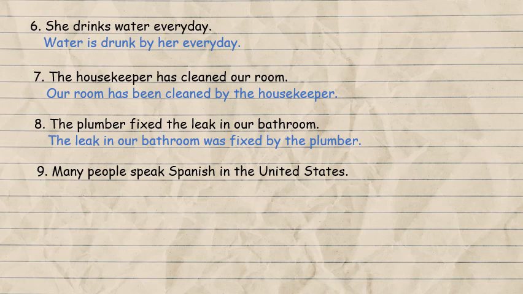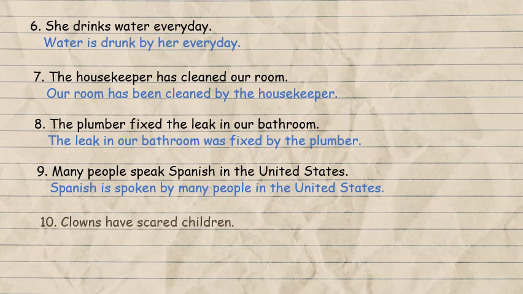Many people speak Spanish in the United States. Spanish is spoken by many people in the United States. 10. Clowns have scared children. Children have been scared by clowns.